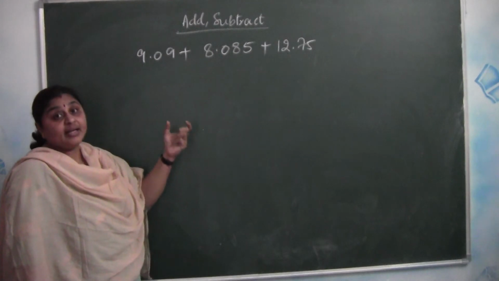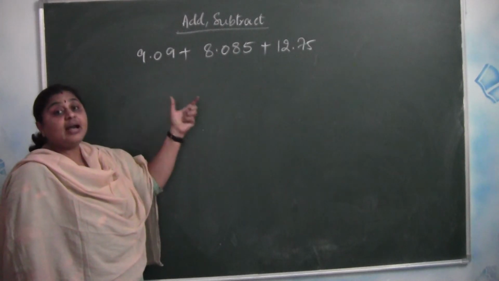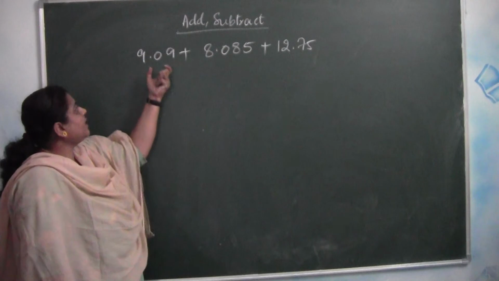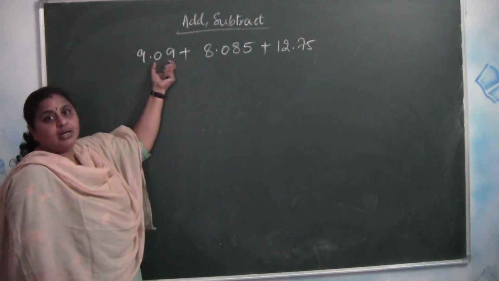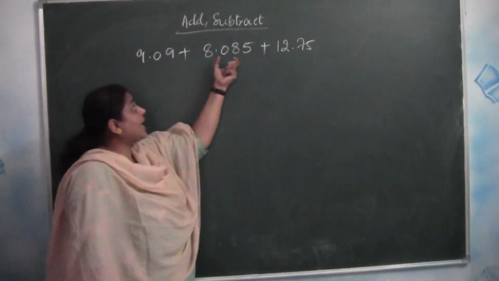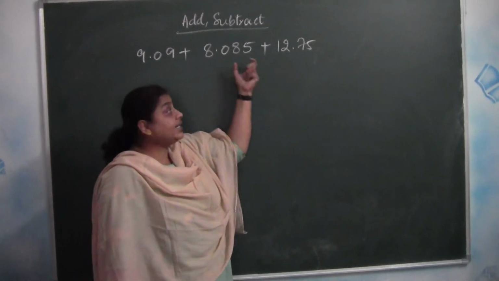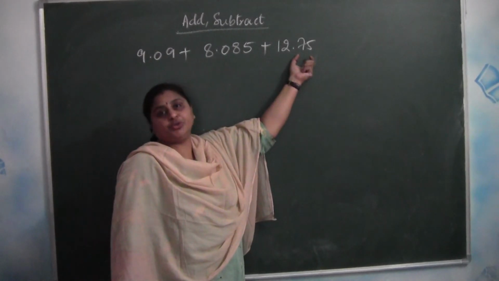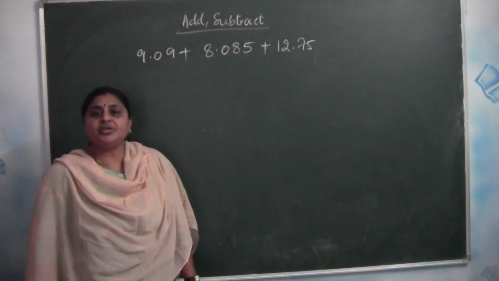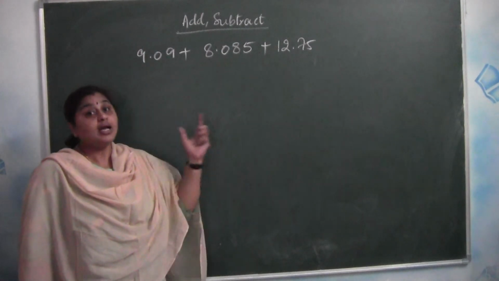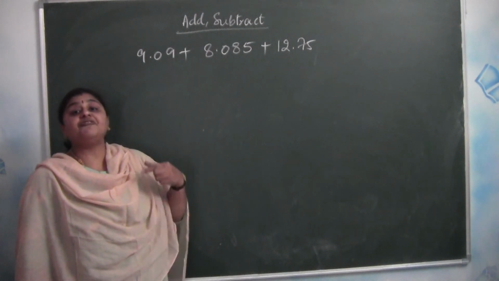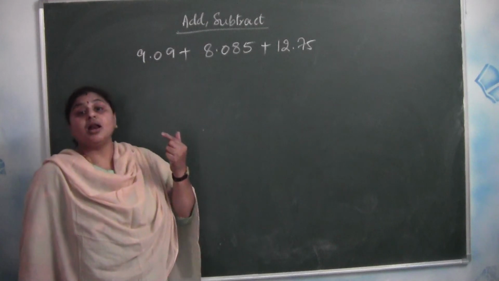Before adding, you have to check whether they are like or unlike. After the decimal, 2 digits, 3 digits, 2 digits. Are they like decimals, children? No, they are unlike decimals. Now we have to change them into like decimals.